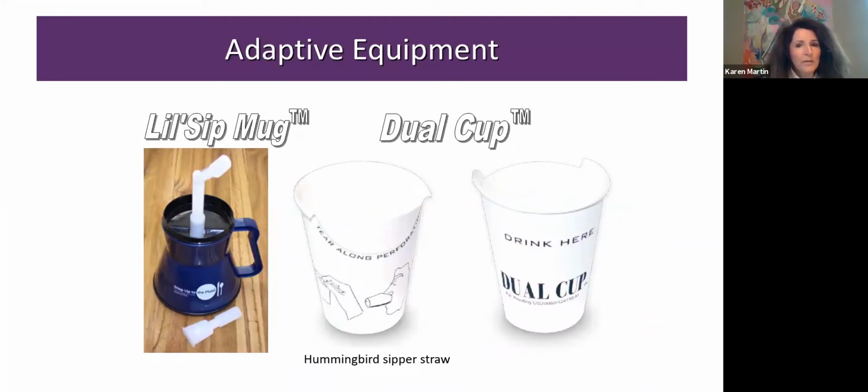Another thing we find is that a lot of patients have trouble with liquids because they're going for the last sip out of the cup. A patient with respiratory compromise does not need to lean back and go for that last sip.